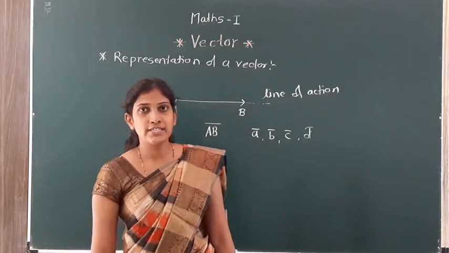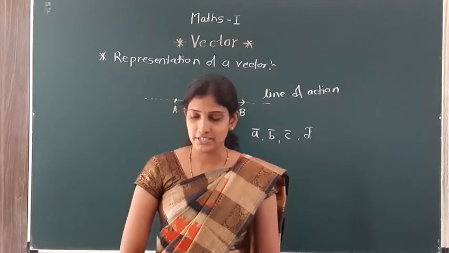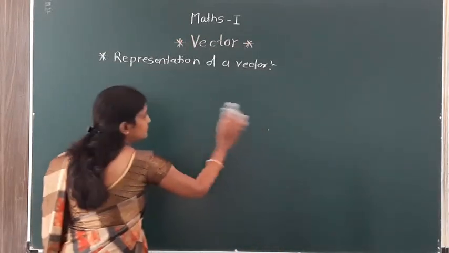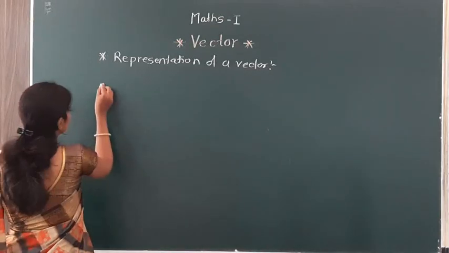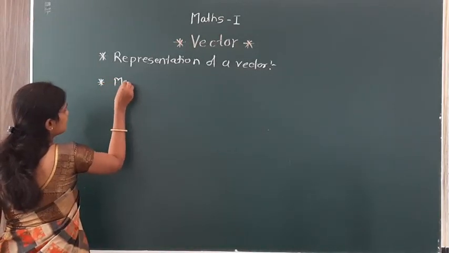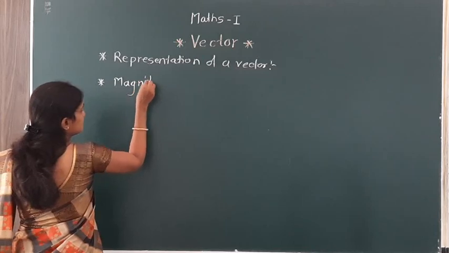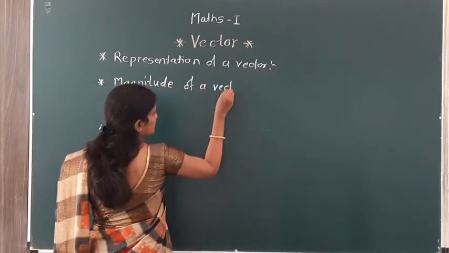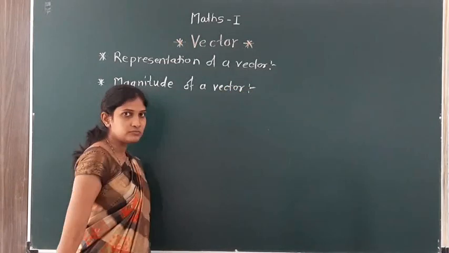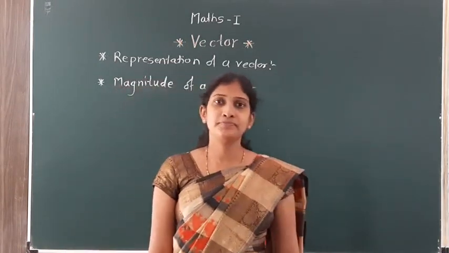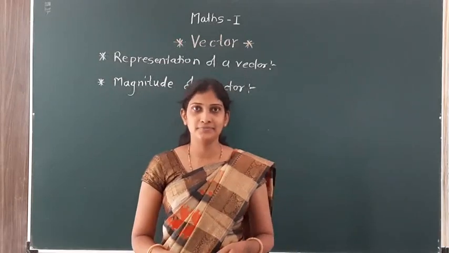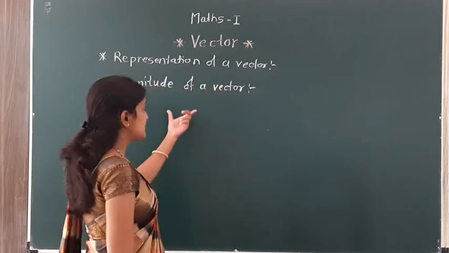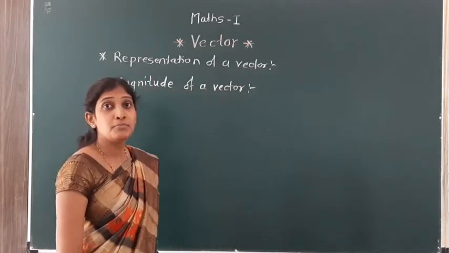Now, next point is the magnitude of a vector. What is magnitude? Magnitude means its length, its distance. Its distance is denoted by the modulus.